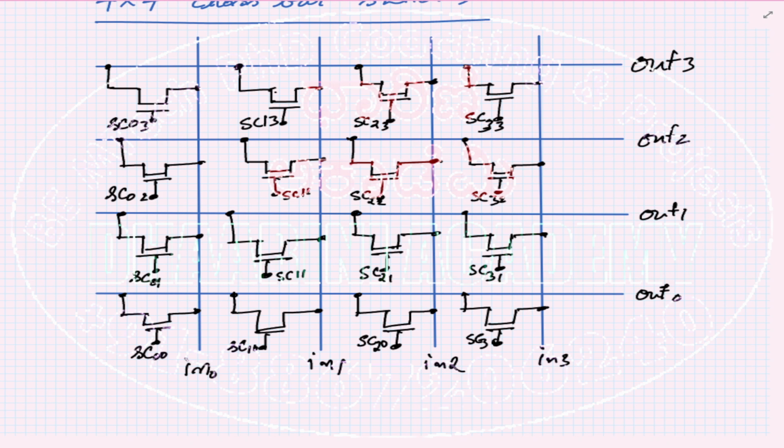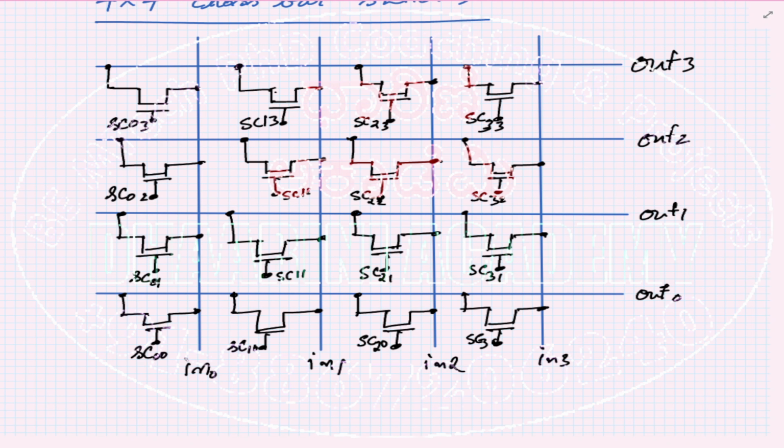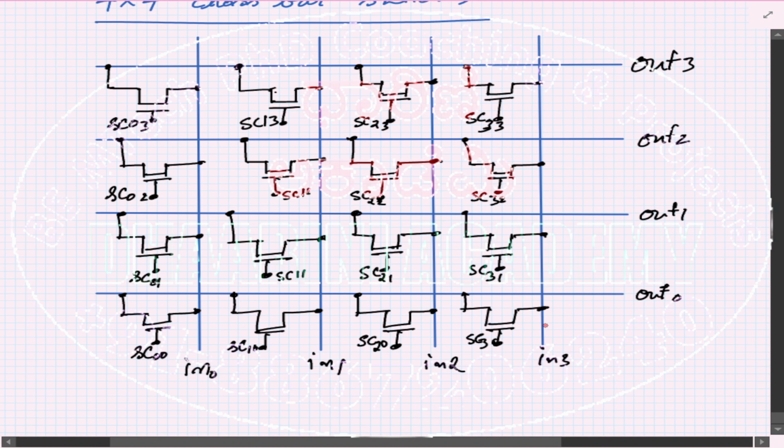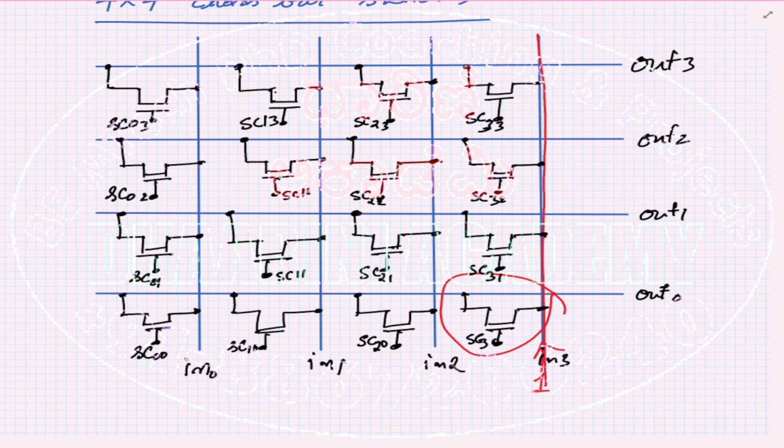As soon as you give a signal, let me take one of the transistors to see what exactly is happening here. Consider this transistor, and I pass a signal 1 here. This line is high now. The data 1 is present along the line IN3.